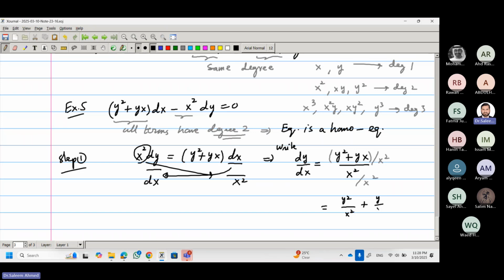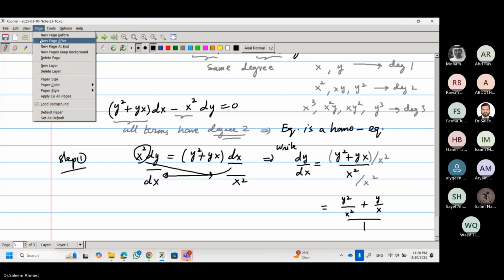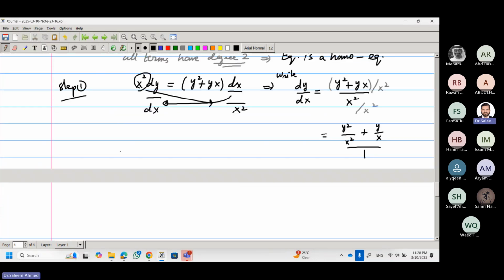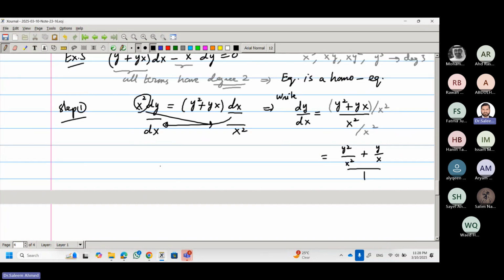So you got y by x and the denominator becomes 1. Okay. So from here, you got dy by dx equal to y by x whole square plus y by x. This is basically your step 2.